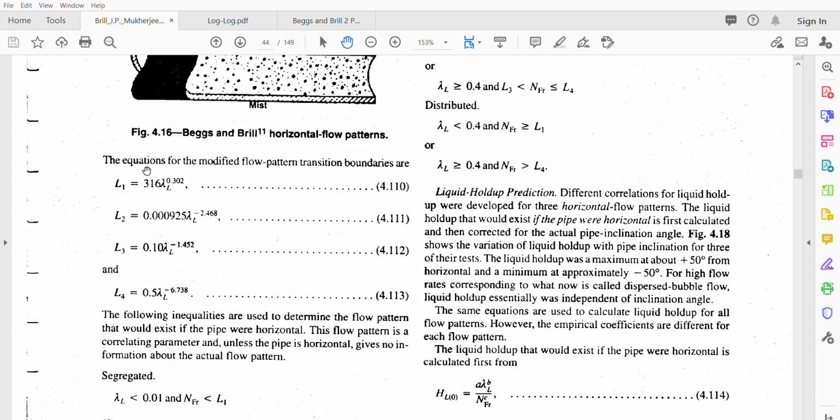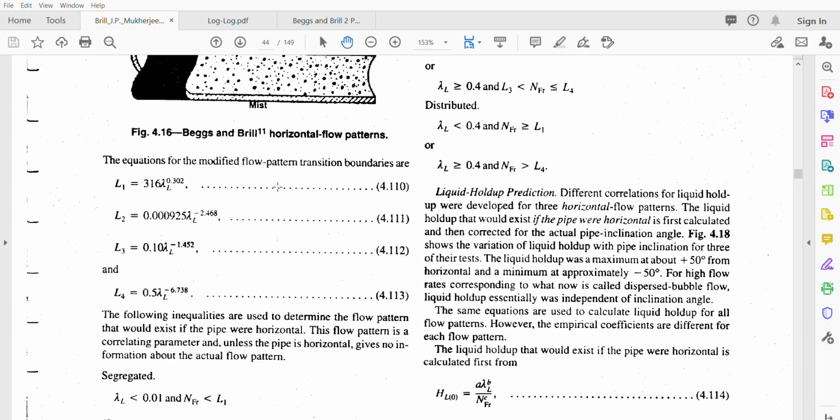For L1, the equation is NFR equal to 316 lambda L to the power of 0.302. For L2, the equation should be Froude number equal to 0.0009252 lambda L to the power of minus 2.468.